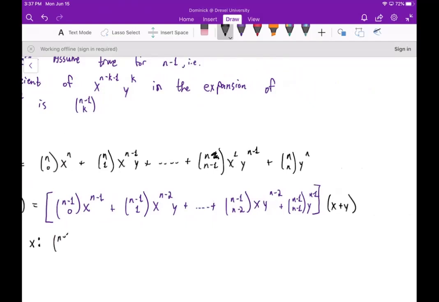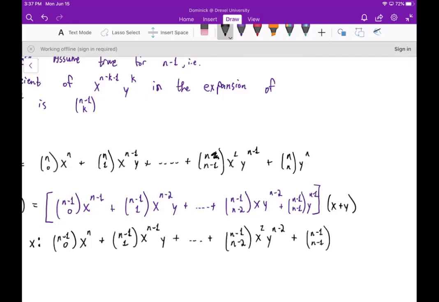I'm going to get n minus 1 choose 0 times x to the n, plus n minus 1 choose 1, x to the n minus 1 times y, plus dot, dot, dot, plus n minus 1 choose n minus 2, x squared y to the n minus 2, and then plus an n minus 1 choose n minus 1 of x y to the n minus 1.